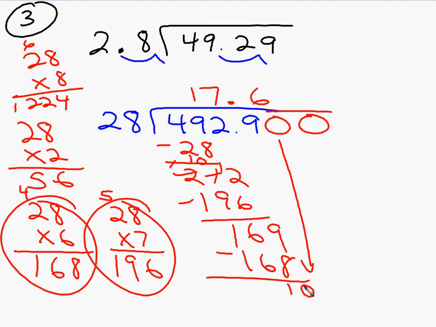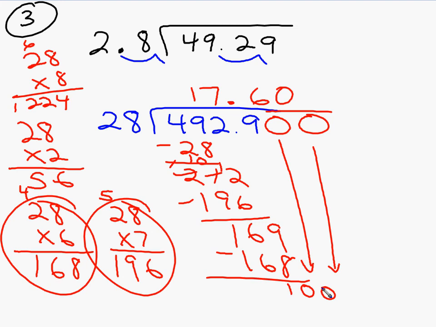How many times will 28 go into 10? None. If that happens in the middle of the problem, then I have to put a 0 up here and then bring down the next 0. And now I ask, how many times will 28 go into 100?